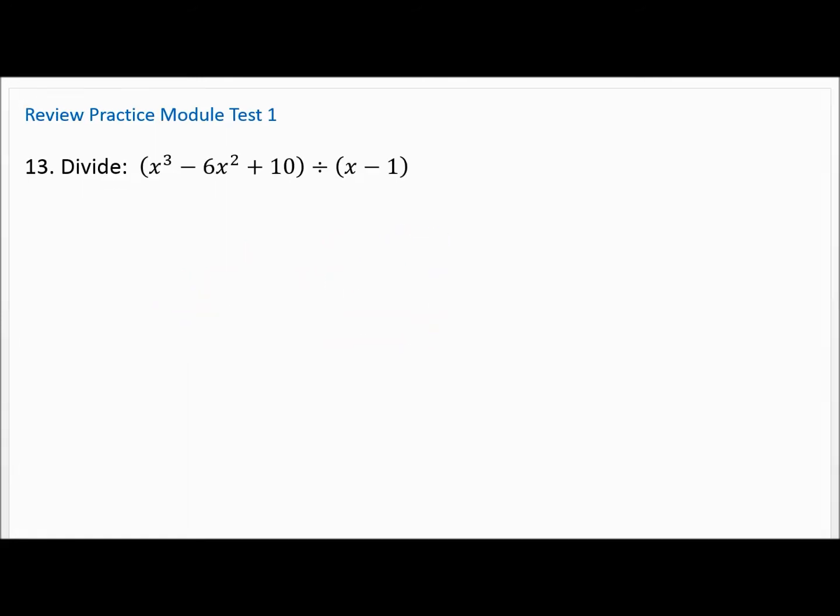So here's the problem that most students need help with on the first test, or practicing for the first test. And this says divide. We know it's divide for two reasons. It says divide, and there's the division symbol in the middle. And this is long division. Now, one of the problems is distinguishing long division problems from non-long division problems.